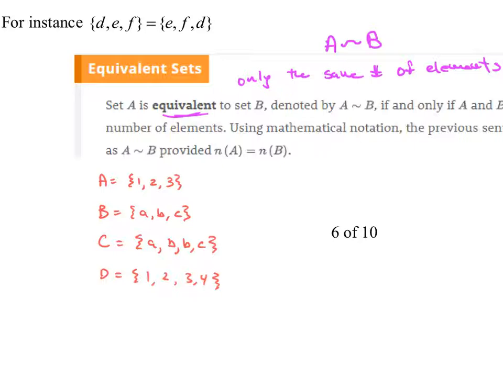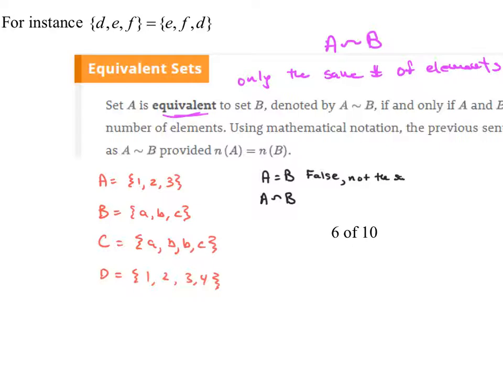Okay? And I want you to think about the statement. What if I said A equals B? Would that be true? Well, they both have 3 elements, but they're different elements, so that would be a false statement. Hopefully you agree with that. But what if I said A is equivalent to B?